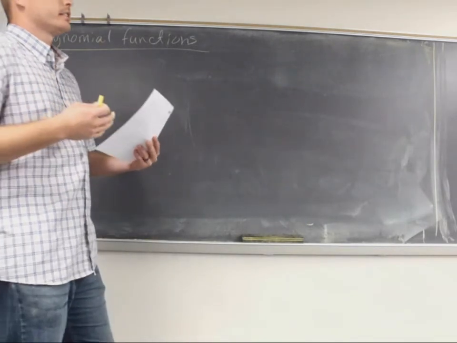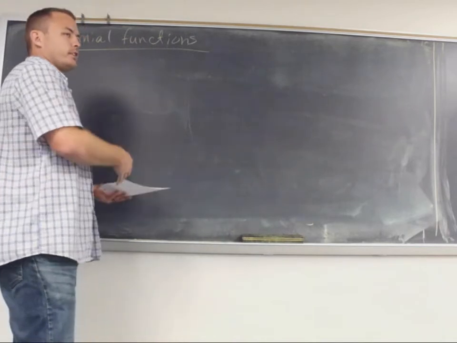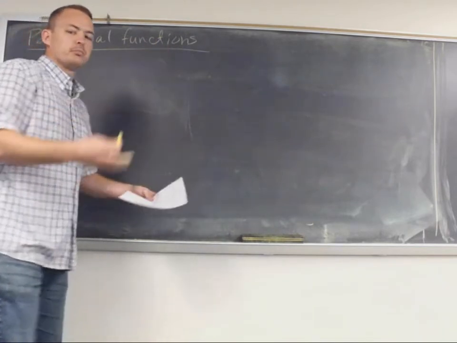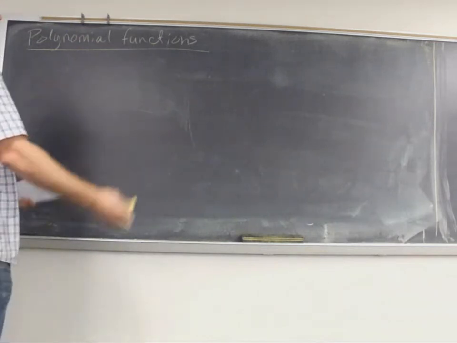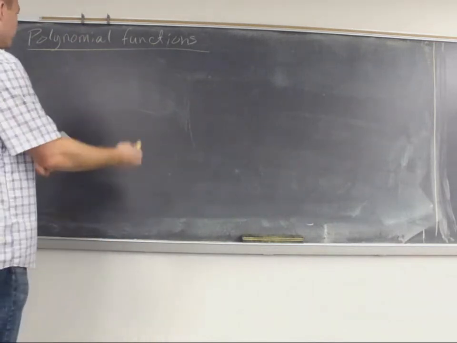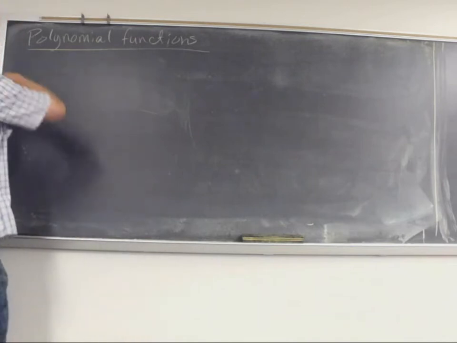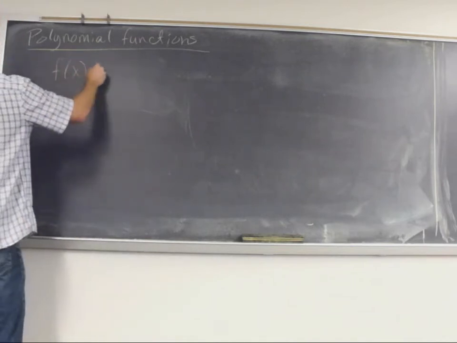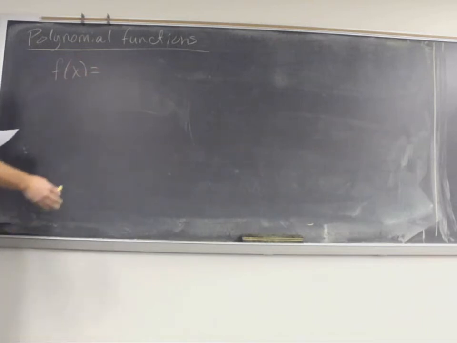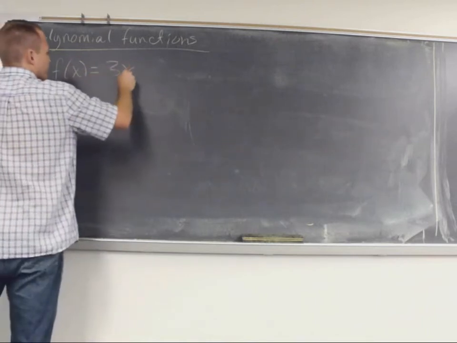All it's saying is there's coefficients times a variable raised to some power, and as long as they fall within certain guidelines. I'm just going to show you some examples that will help you understand what we're looking at. So first, let's start with something that you're familiar with. You could have 3x plus 2.